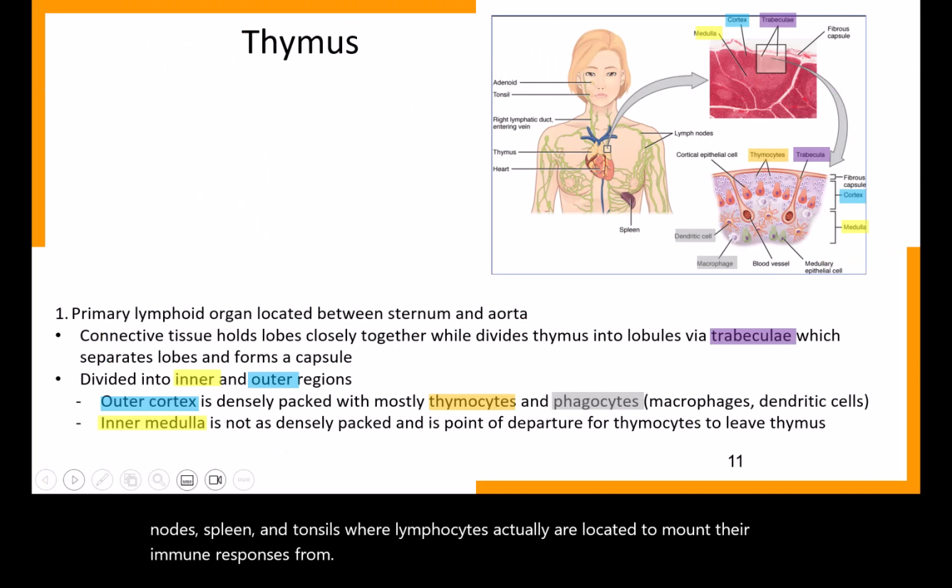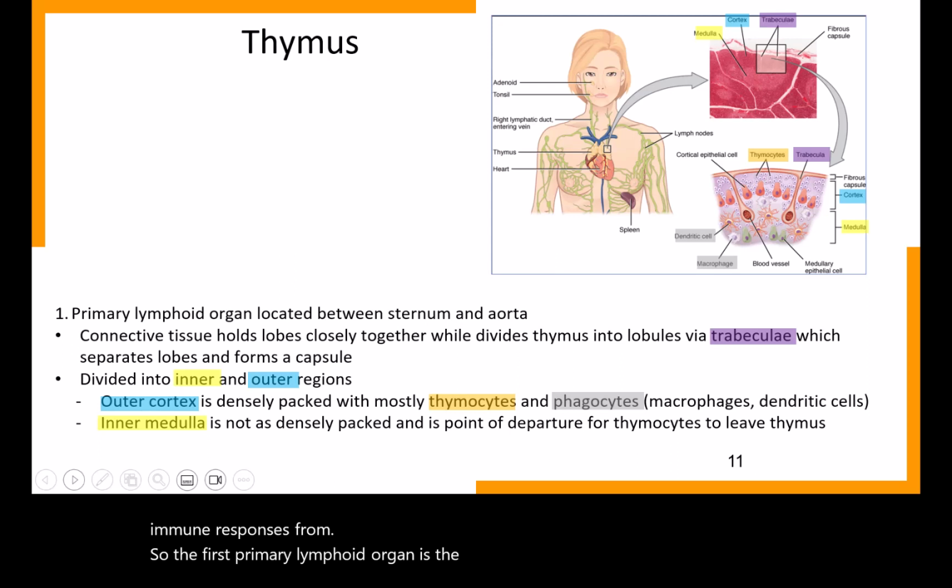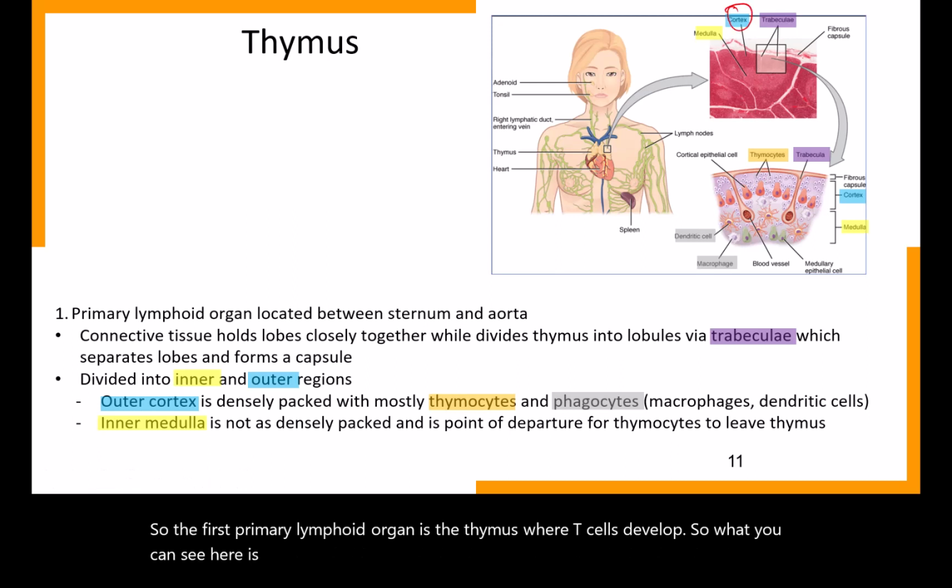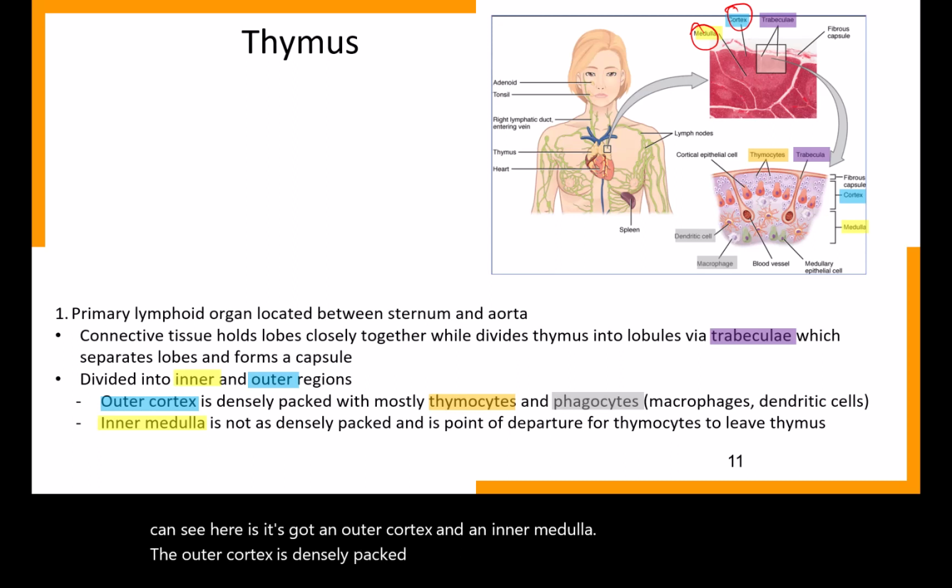The first primary lymphoid organ is the thymus, where T cells develop. It has an outer cortex and an inner medulla. The outer cortex is densely packed with thymocytes, so T cells, and phagocytes, macrophages and dendritic cells.